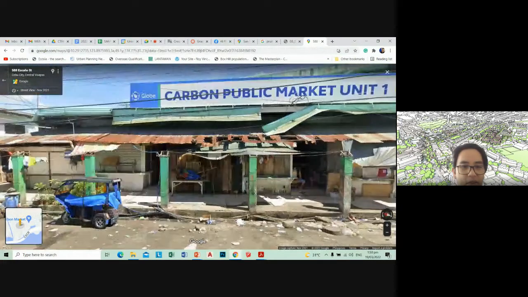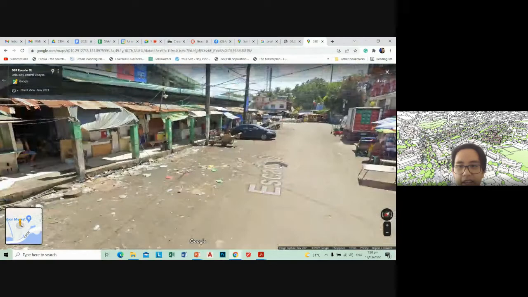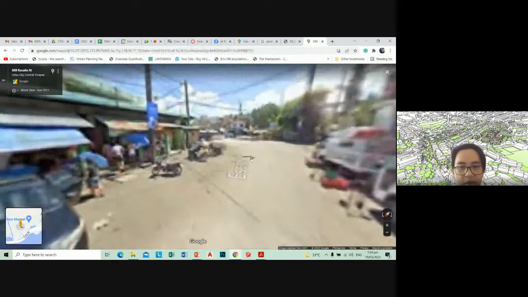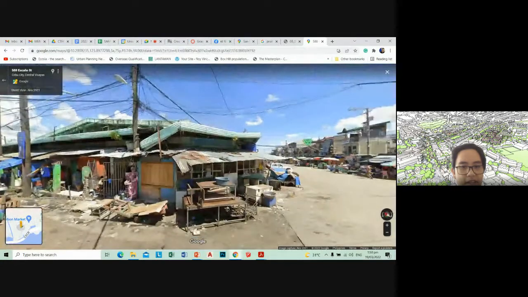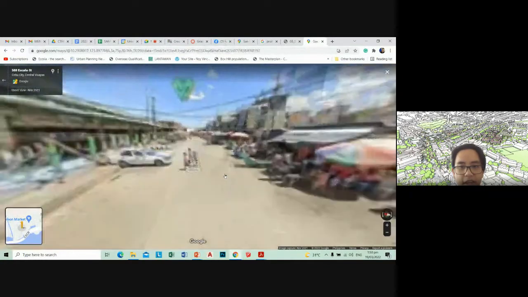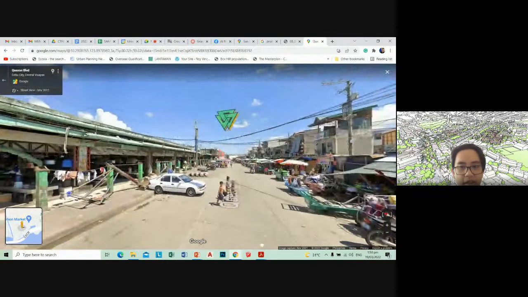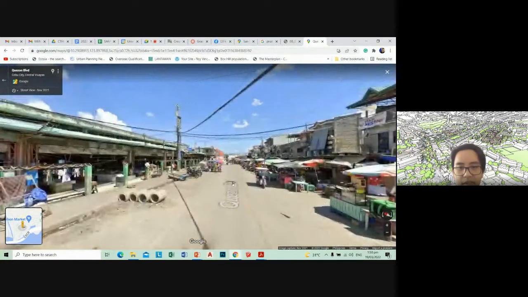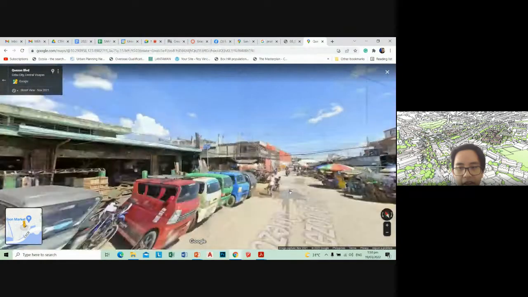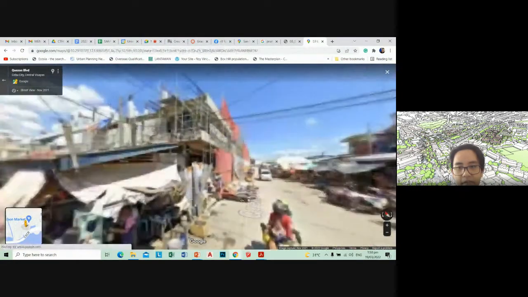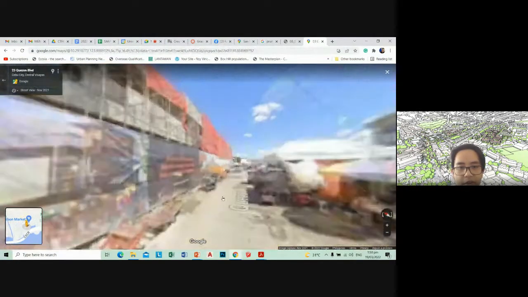So this would have been a fairly decent market, and I think still a lot of people go to Carbon. I think currently it's being renovated, mostly because of the state of disrepair, the garbage, the unsanitary conditions of the site.